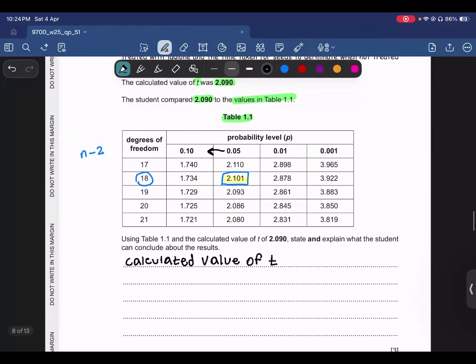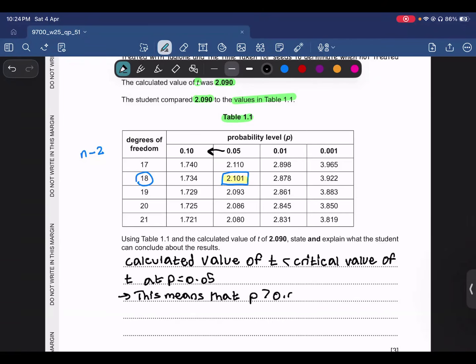The calculated value जो t की है is lesser than the critical value of t at p is equal to 0.05. This means that p value is going to be more than 0.05.